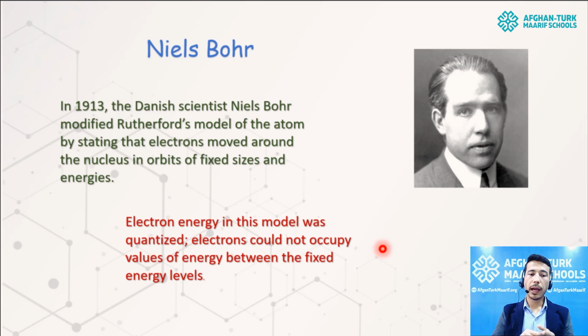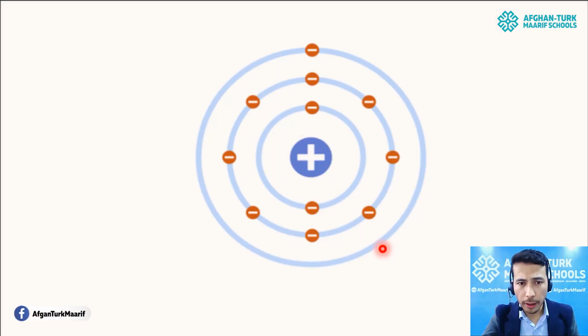He says that electron energy in this model is quantized, which means that electrons have specific energy in every level, in every orbit. And he says that there is empty space between two energy levels, and the electron is not present in that space. Let's have a look at Niels Bohr's atomic model.